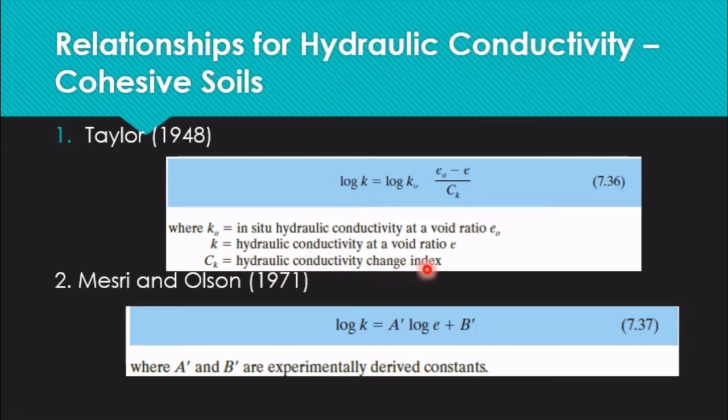So, meron kang graph na pwedeng gamitin, doon mo kukuhanin yung mga values nitong CK. Then, si Mesri and Olson, 1971, log K is equal to A prime log E plus B prime. Then, A and B are experimentally derived constant. So, may gagawin ka pang experiment para magamit mo ito.